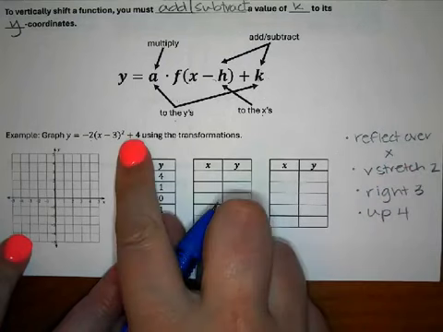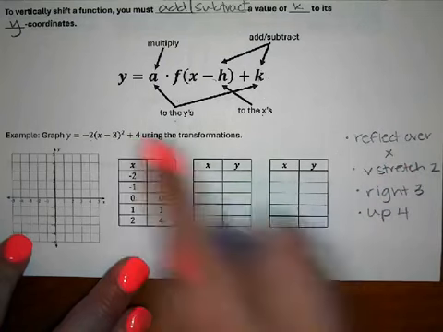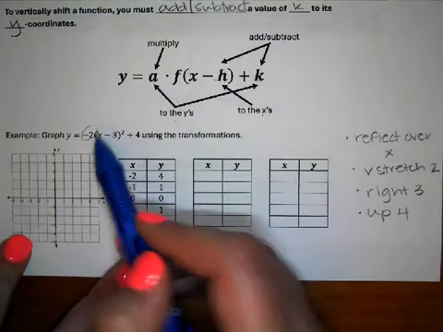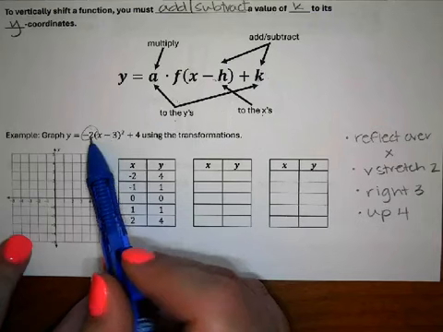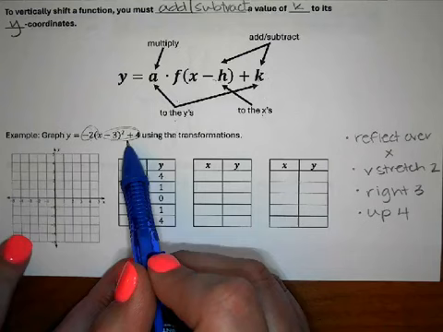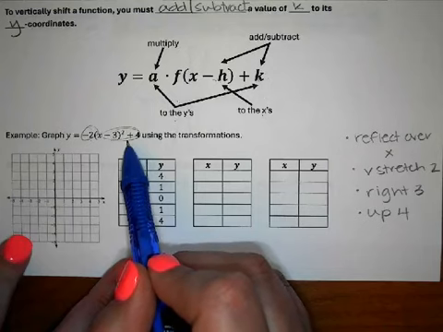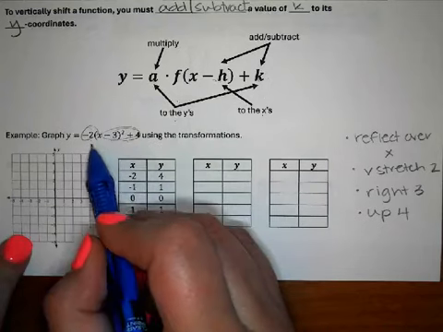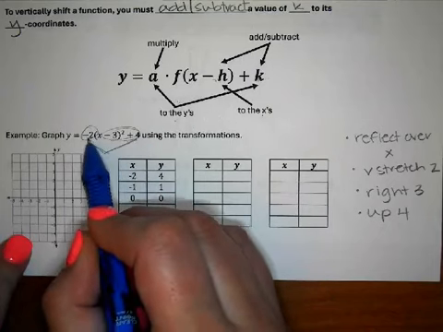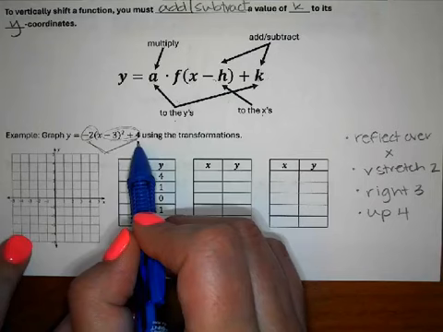All right, now the one in the front, so this -2 in the front, those are transformations that are multiplied. These 2 on the end, these are transformations that are added or subtracted, okay? The transformations on the outside of the function, -2 multiplied in the front, 4 added on the end, those happen to the y coordinates.